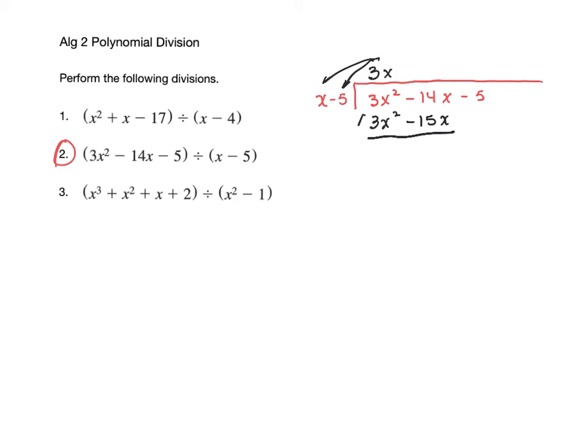Strike a line and subtract that row. You can distribute in your head or distribute physically, so that's now negative, and this one will become positive as you add. When I do the 3x squared, it becomes minus 3x squared, so they add up to 0. This is negative 14x plus 15, so that adds up to 1x. So we'll just put 1x like that.